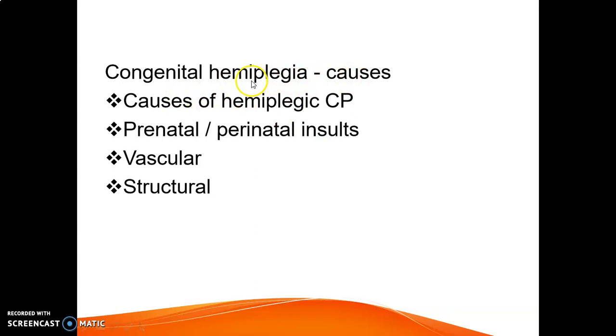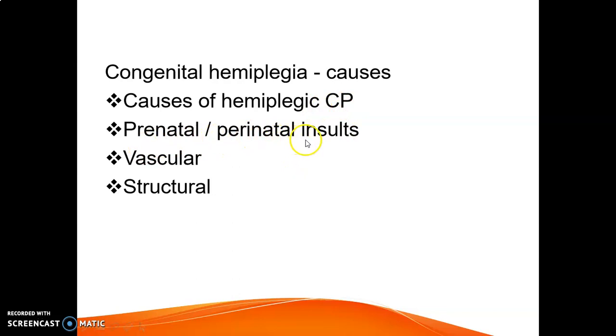In congenital hemiplegia, causes of hemiplegic CP. Whenever the child is having congenital hemiplegia, normally we put that pathology into cerebral palsy. Even though it's cerebral palsy, we are including it here because it is almost similar.